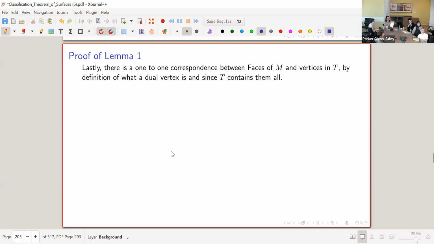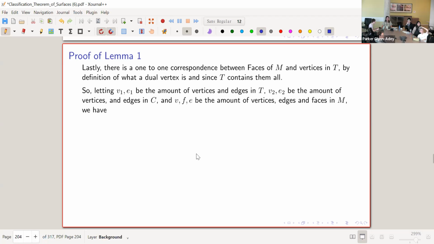There's also a one-to-one correspondence between faces of M and vertices in T, by definition of dual vertices. So letting V1, E1 be the number of vertices and edges in T, V2, E2 be the number of vertices and edges in the complement, and then these are the vertices, faces and edges in our M, well, then we're going to have chi of S.